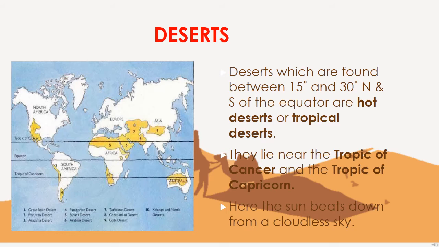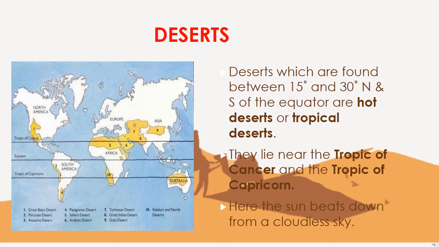You can see on your screen a slide beside, wherein you can see a yellow part, and that part denotes the desert areas of the world. You can see all the continents, and the yellow part denotes the hot deserts found on the earth.